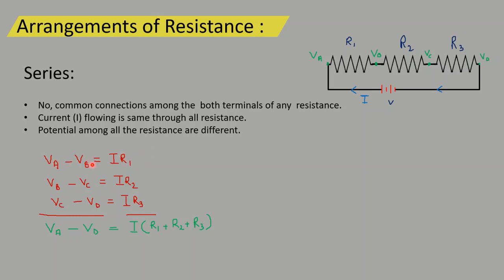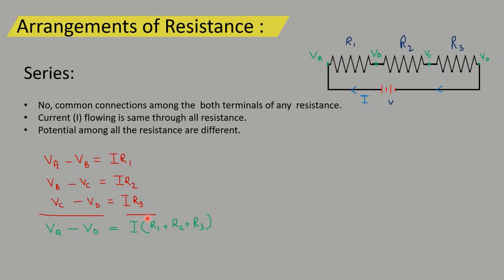So from Ohm's law, we obtain this relation: VA minus VB equals I into R1, VB minus VC equals I into R2, that is across the second resistance, and VC minus VD equals I into R3, that is across the third resistance.